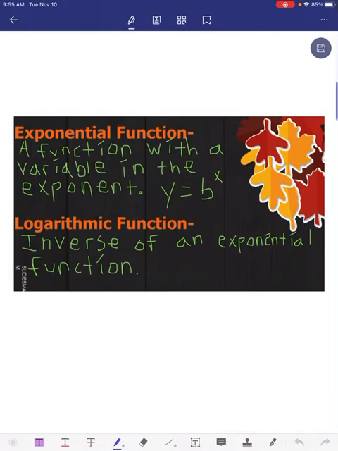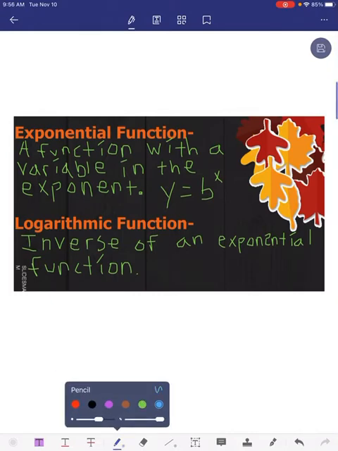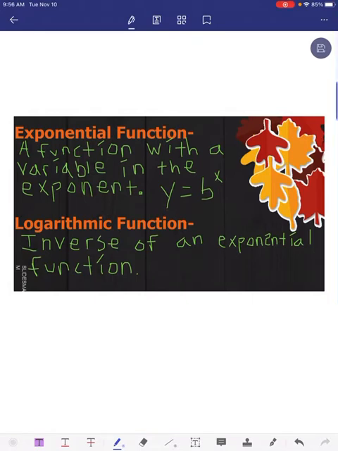Also, remember that for our logarithmic function, we have two special types of functions.